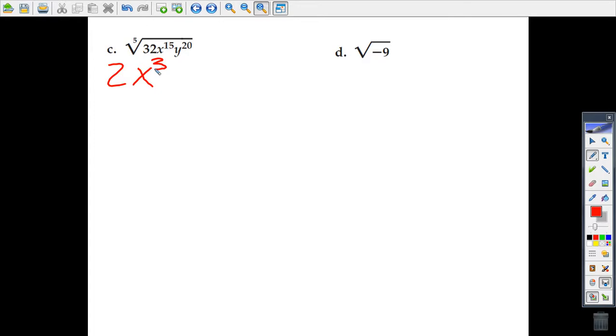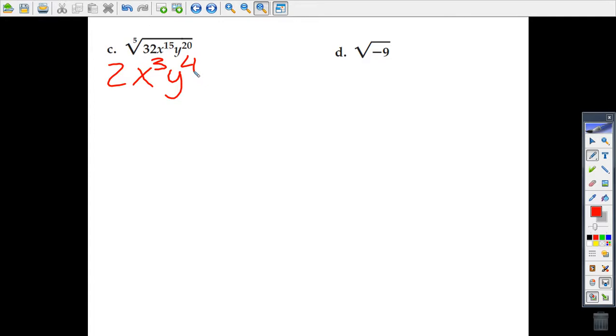Same thing for the y, 20 divided by 5 gives me 4. How did I get this 2? The 2 came from the 32, because 32 is 2 times 2 times 2 times 2 times 2, or 2 to the 5th power. So there's 1 quintuplet of 2, which gave me a 2.